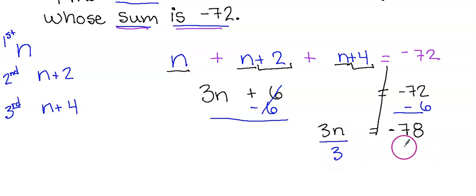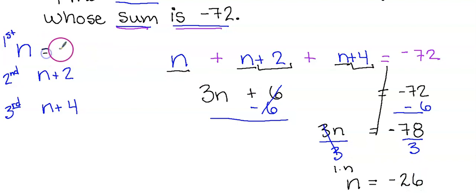If I divide one side by 3, I have to do the same thing on the other. 3 divided by 3 is 1. 1 times n is just n. Negative 78 divided by a positive 3 is a negative 26. I've found my n, and that is negative 26.